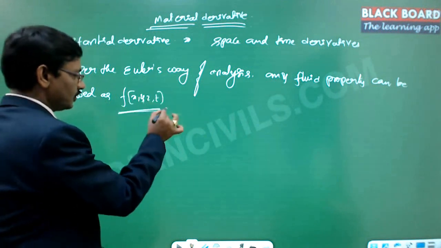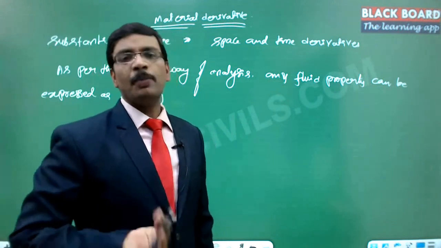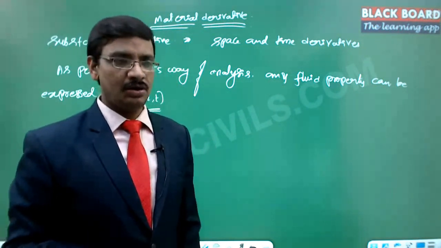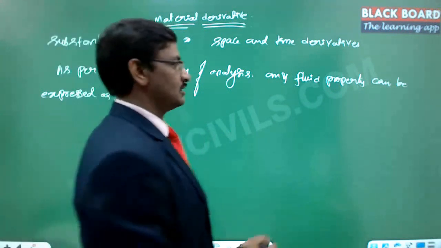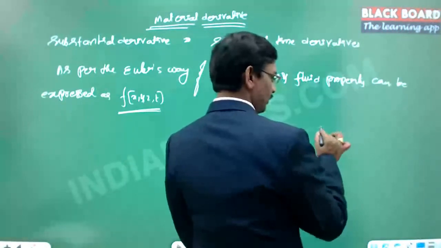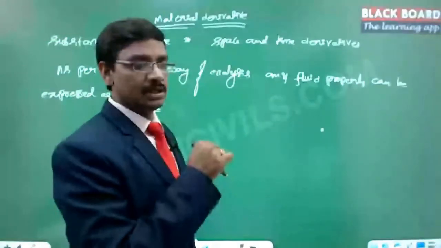That means at one particular space point we are associating the fluid property. That property may be a velocity, or a density, or an acceleration. Any particular fluid property, when it is crossing one particular point, the characteristic is associated to that particular position at that particular time.